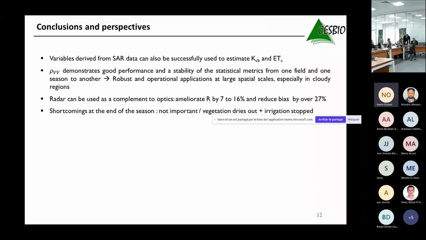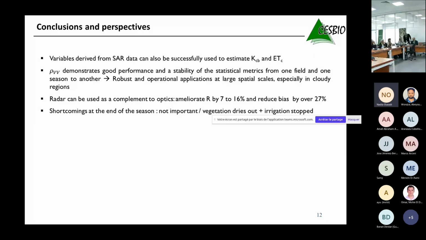So if we want to conclude, in this study, we have tested the possibility to compute the crop coefficient and consequently the evapotranspiration using synthetic aperture radar data from Sentinel-1. And our results have shown that this data can be successfully used for this purpose.